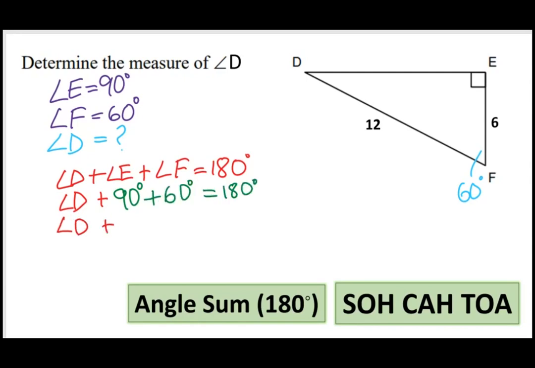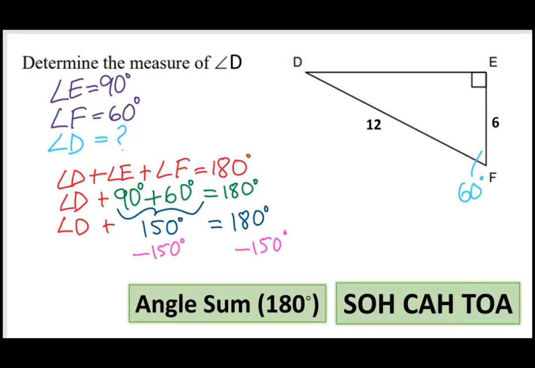Let's combine like terms. 90 degrees plus 60 degrees is 150 degrees. Subtract 150 degrees from both sides. And we're left with angle D equals 180 degrees minus 150 degrees. Angle D is 30 degrees.